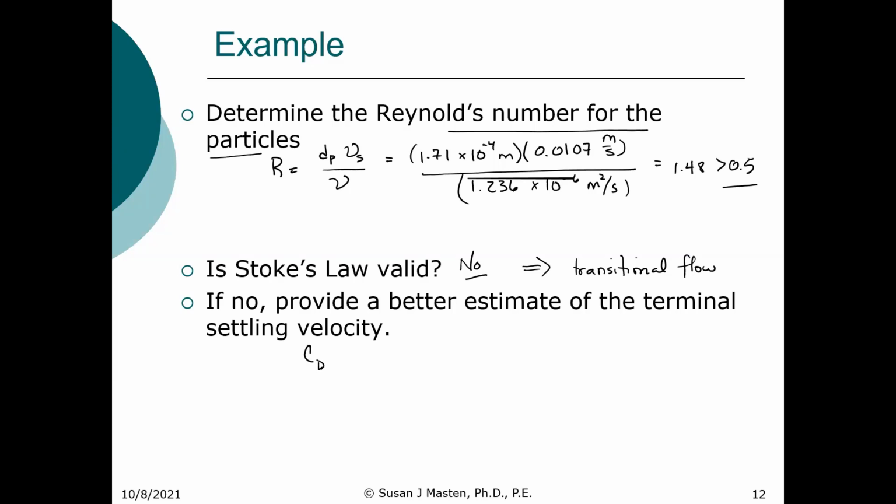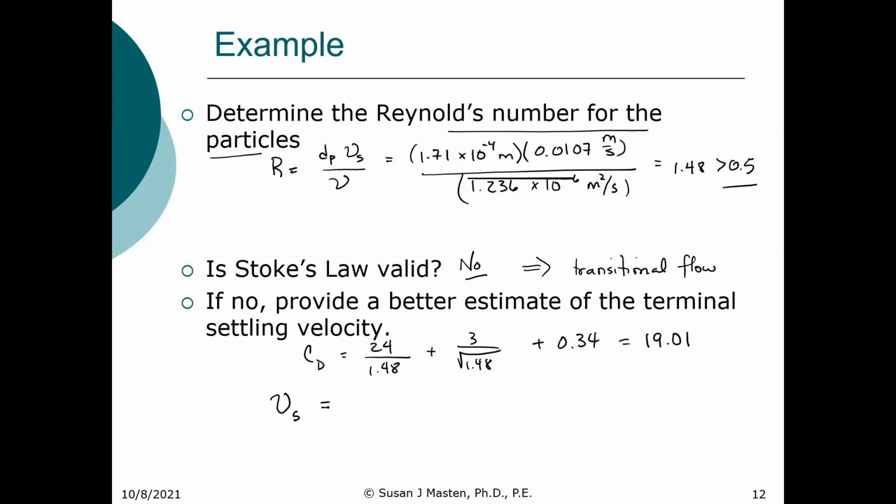First thing we need to do is calculate the coefficient of drag, as you've noted. So that is 24 divided by 1.48 plus 3 divided by the square root of 1.48 plus 0.34. And that is equal to 19.01. We then calculate the terminal settling velocity using the more general equation.